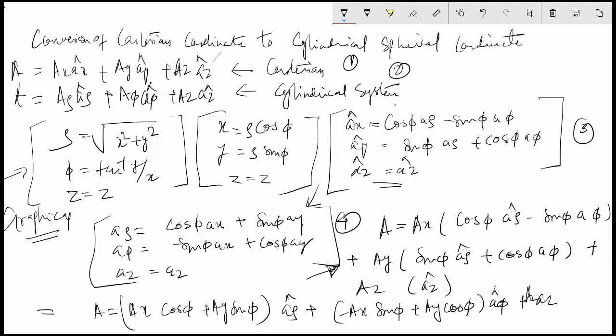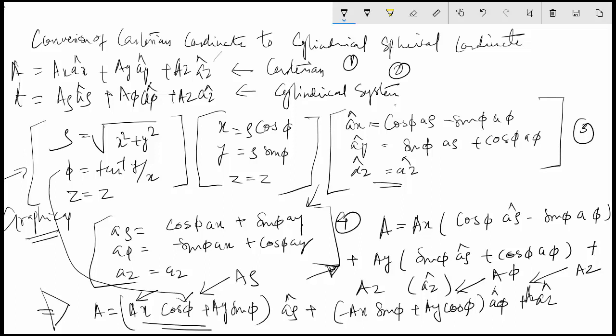So that's how it's possible to convert from the Cartesian coordinates to the cylindrical coordinates, or to convert from the cylindrical coordinates to the Cartesian coordinate system. And this is equal to A rho, and this is equal to A phi, and this is equal to Az as it is. So if you have some values given in the form of Ax and you have found out the phi, then it's easily possible to calculate the value of A rho and A phi, and you can easily convert this equation to this equation.